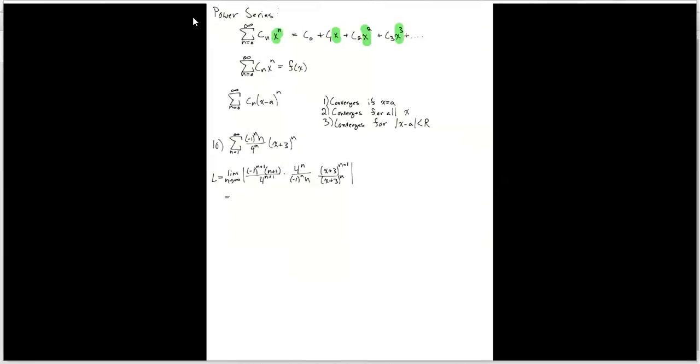Well, this is equal to the limit as n goes to infinity. And now we've got -n plus 1, because these -1's here, we're going to have 1 left over. This n plus 1 and n, they're going to remain.